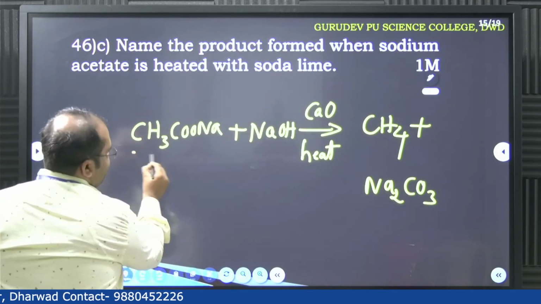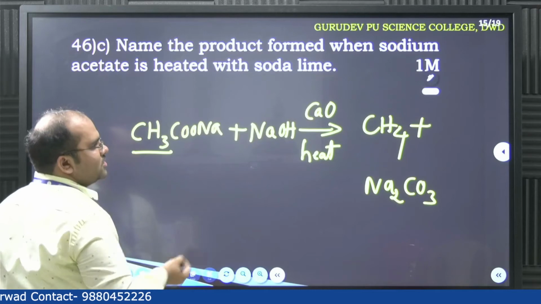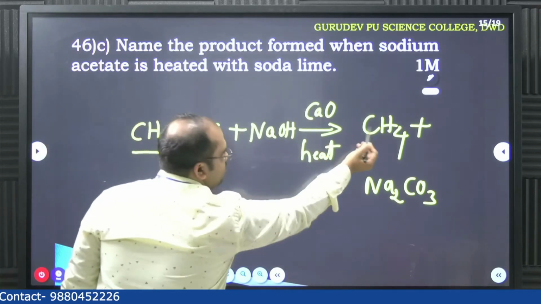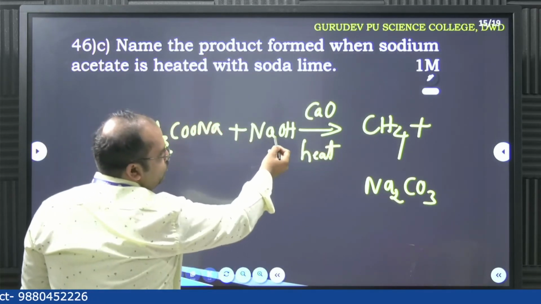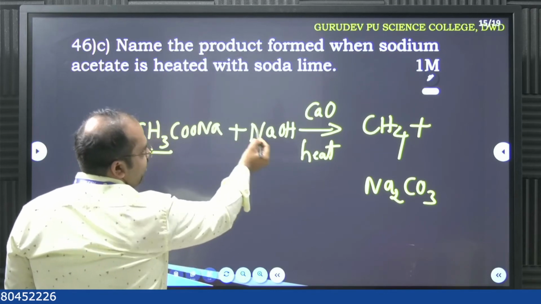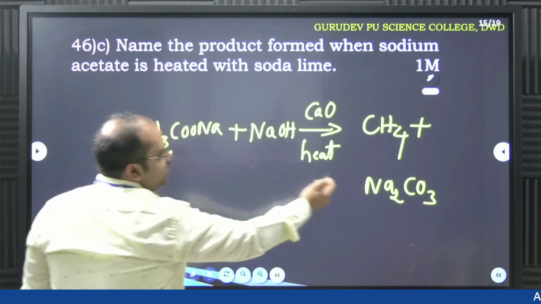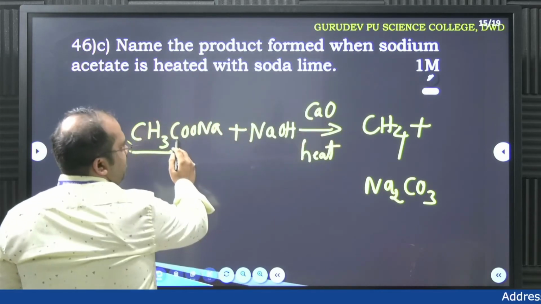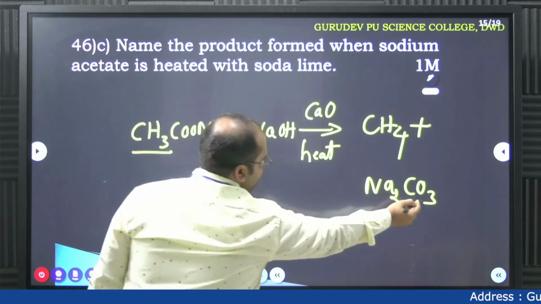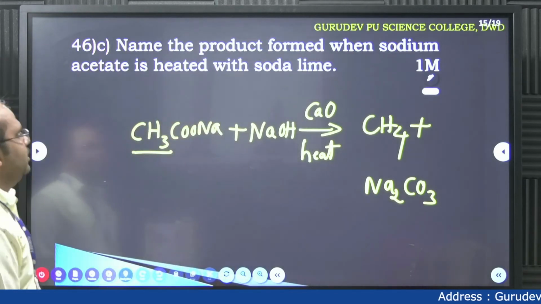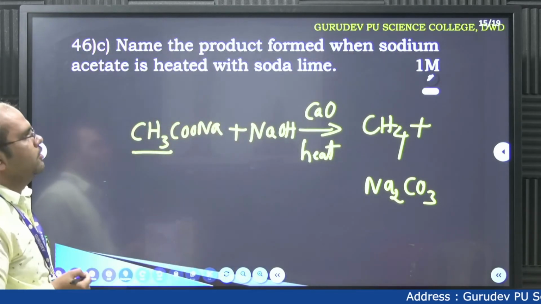The CH3 group takes one hydrogen, and the remaining Na2, that is one sodium here and one sodium here, with COO, two oxygens, one carbon, and another oxygen, gives Na2CO3. By this you get the product.